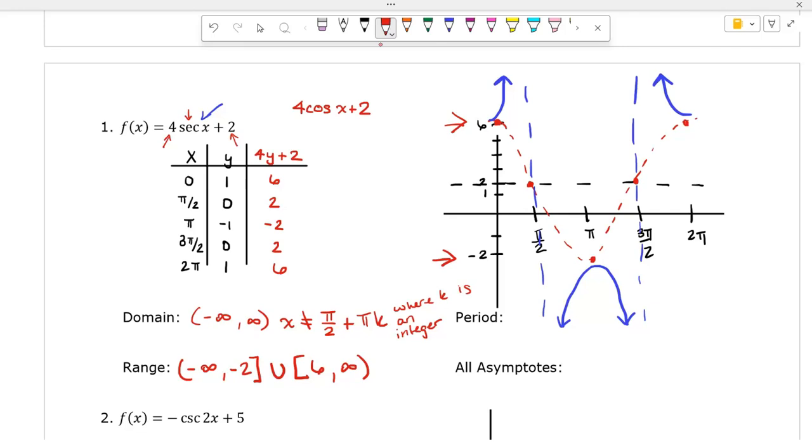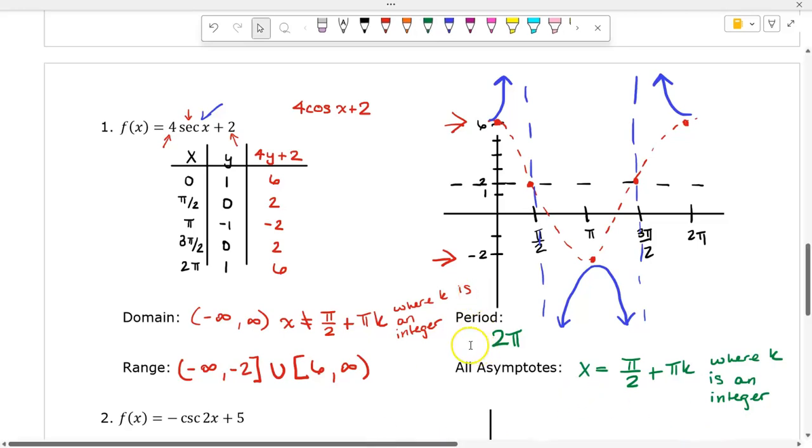Okay. My period of this function, again, 2 pi over b. Well, here b is 1, so it's just 2 pi over 1, so that still gets me 2 pi. My asymptotes, again, I have to do x equals. It's going to be x equals pi over 2 plus pi k, where k is an integer.